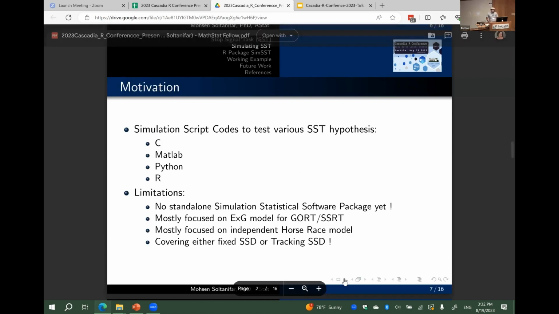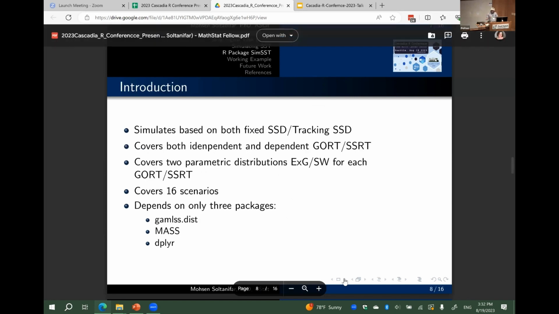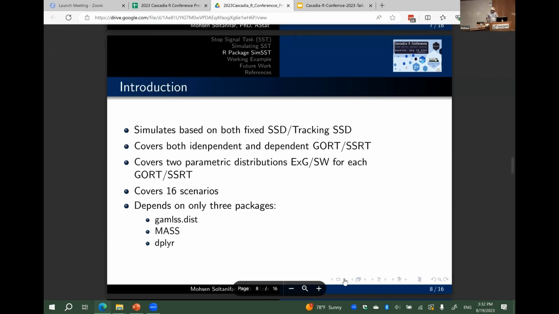In the literature, researchers have written several scripts in C, MATLAB, Python, and R, but there was no standalone statistical package to simulate these types of data. So we proposed this SimSST package, which covers 16 scenarios and depends on three formal packages: gamlss, MASS, and dplyr.